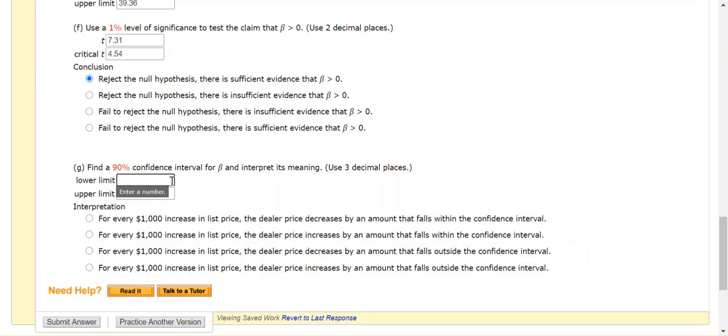The lower to 3 decimal places is 0.619 to 3 decimal places. And my upper is 1.206 to 3 decimal places.